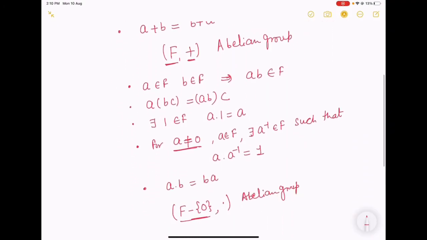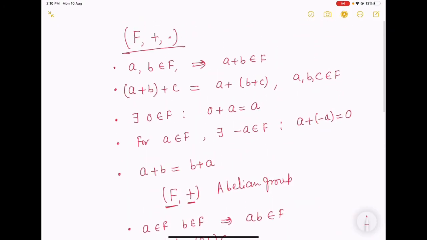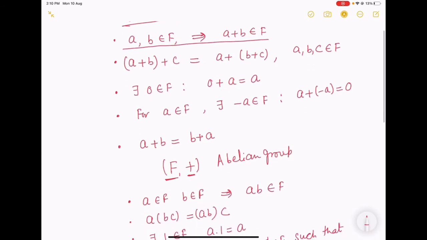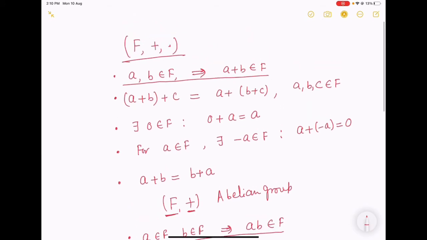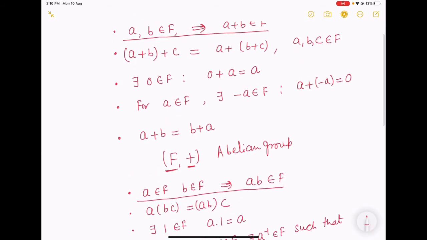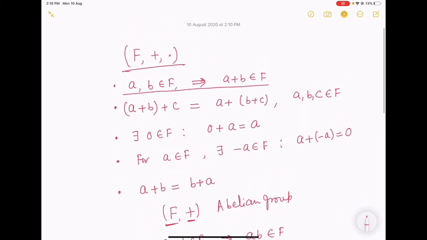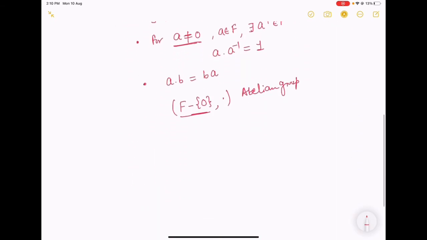Here one point is very important, that is the closure property. This is the closure property and this is the closure property. Closure property with respect to addition and multiplication is embedded in the definition of the map. Actually, what is addition here?